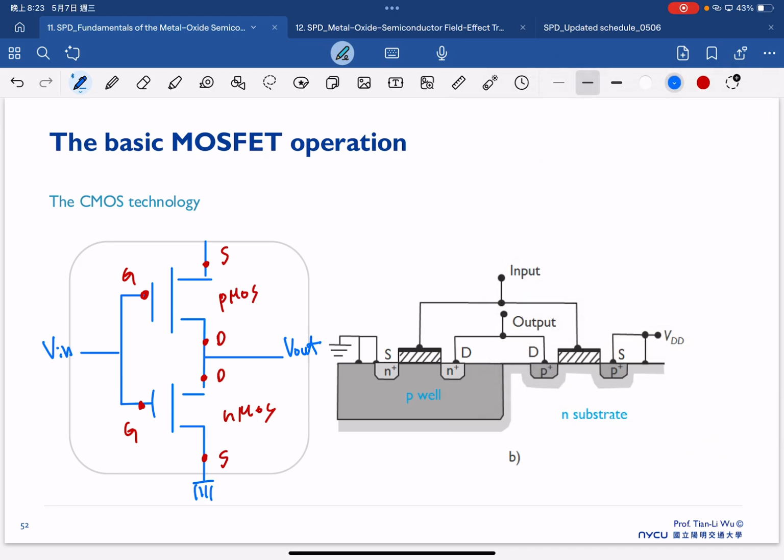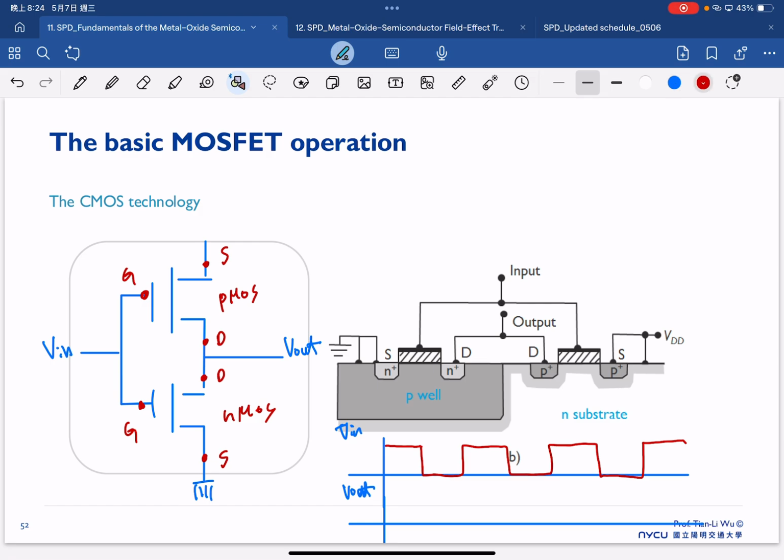To have the inverter function, we give one input signal Vin, as shown here, and then for our Vout, we will have the output function, because this is an inverter function.